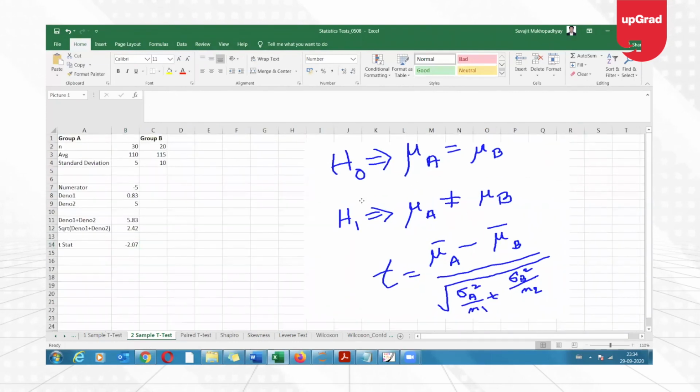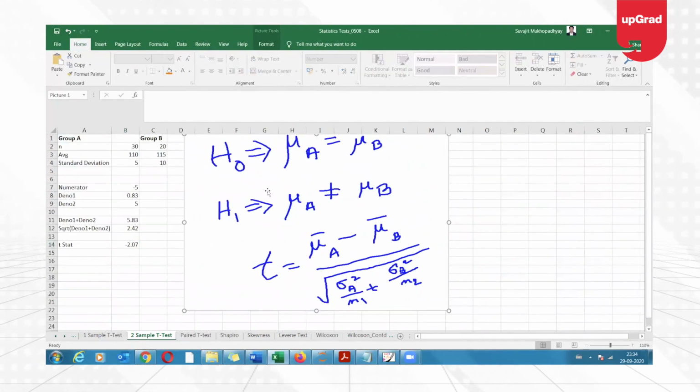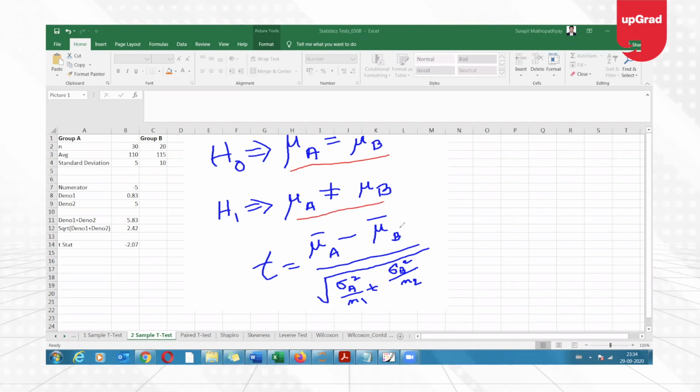As you can see here, my null hypothesis is that mu A equals mu B. Mu A is for school A or group A. Here, as you can see, we have two schools. H1 is that the means are not equal. Now how do I calculate the T statistic or the T calculated?